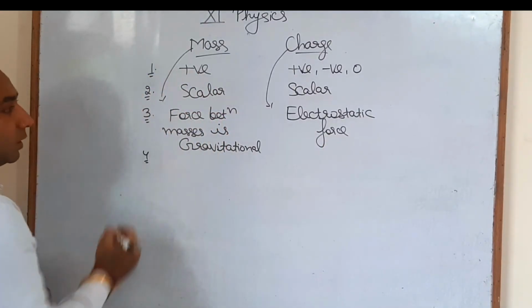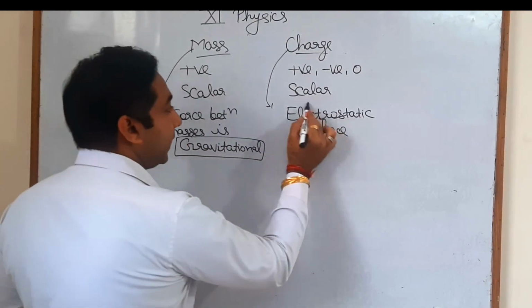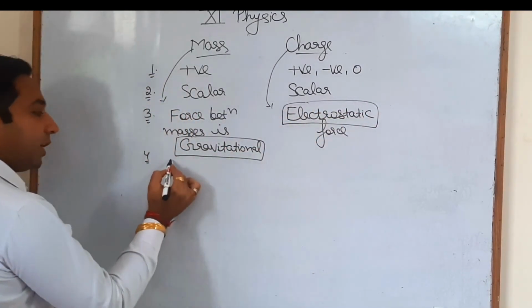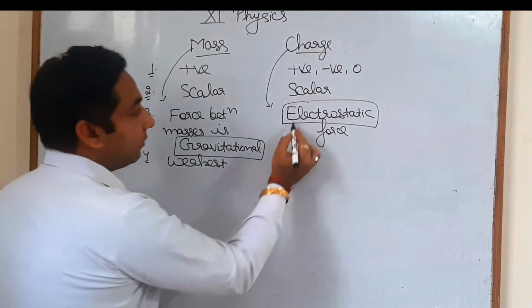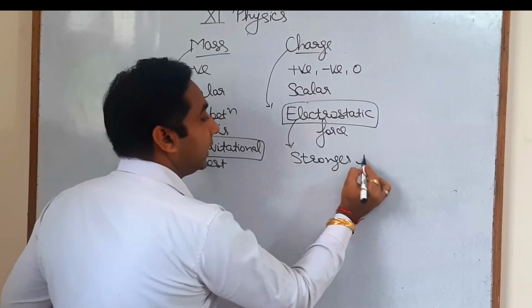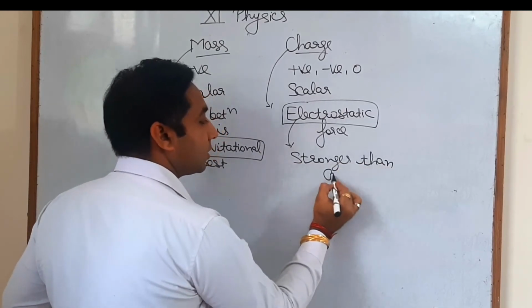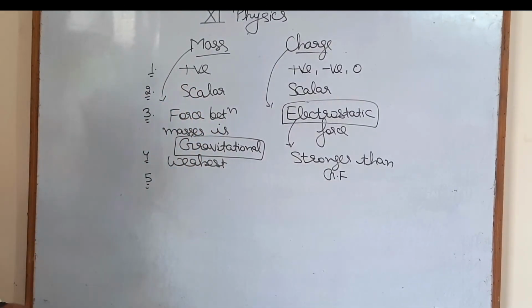Then move on to the comparison of the gravitational and electrostatic force. Can we say that the gravitational force is the weakest force in nature, and the electrostatic force is the stronger one, stronger than the gravitational force. Clear?